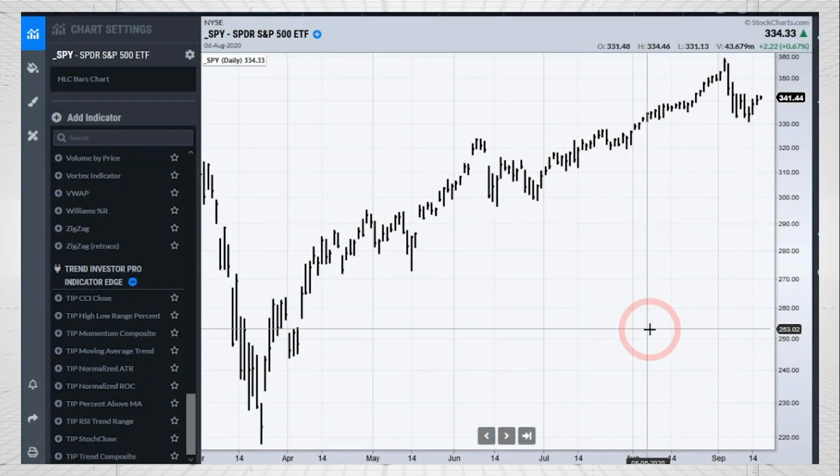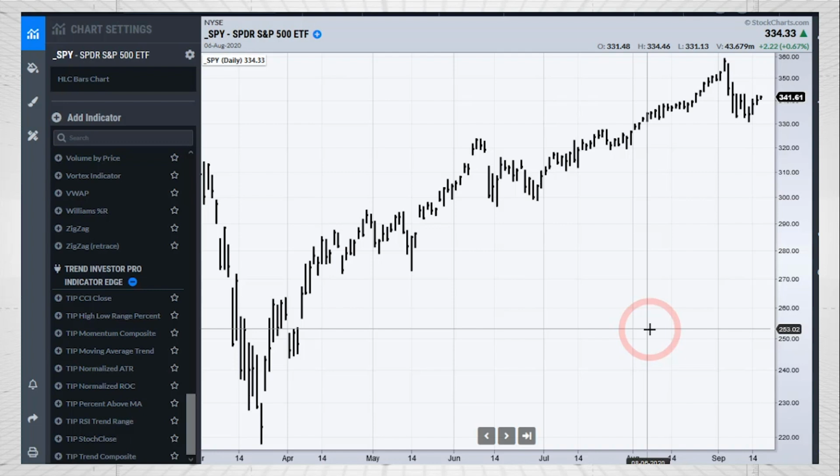So now I want to turn to a pair of volatility indicators. And volatility is a very important part of the market timing puzzle because in general, high and or rising volatility is associated with market weakness, whereas low and or falling volatility is associated with market strength. And by that, I mean the S&P 500 or SPY.